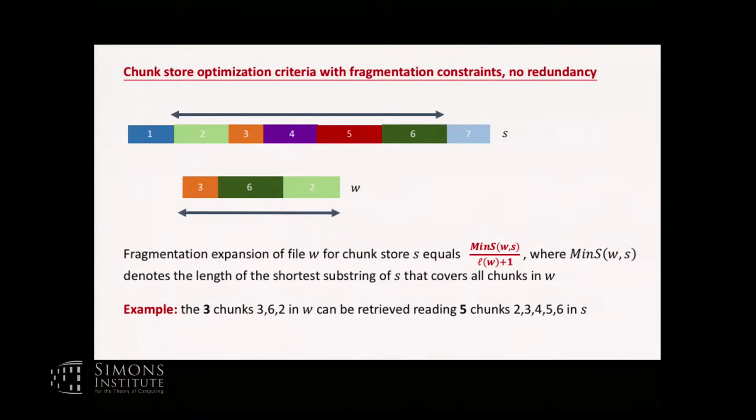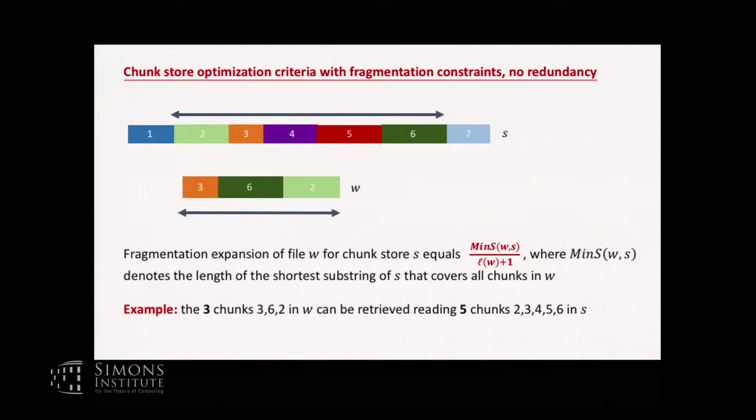And the fragmentation expansion for a file W for a given chunk store S will be equal to the min SWS, which is the length of the shortest substring of S that contains all chunks in W, scaled by the length of the original file, not the redundant block of chunks that you have to read.